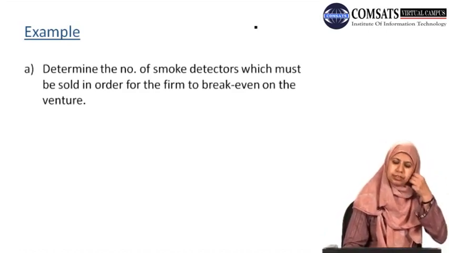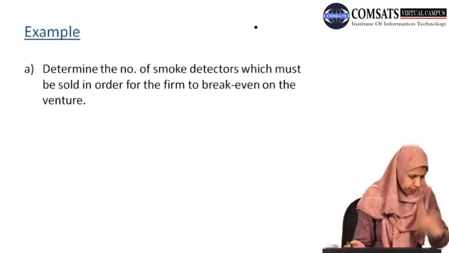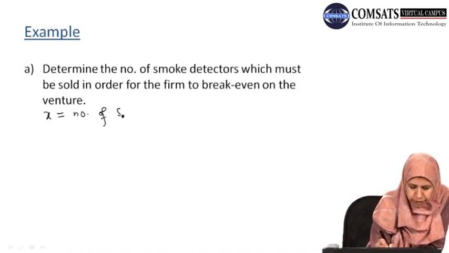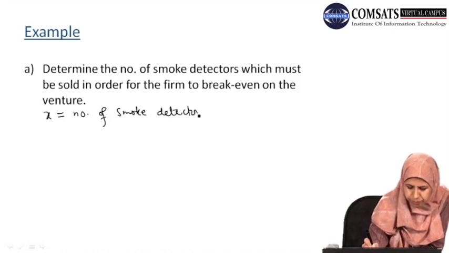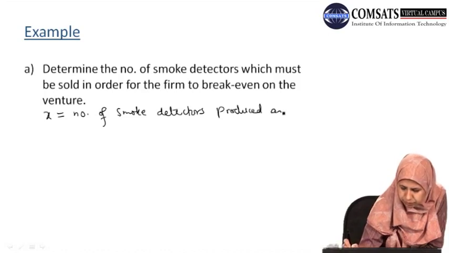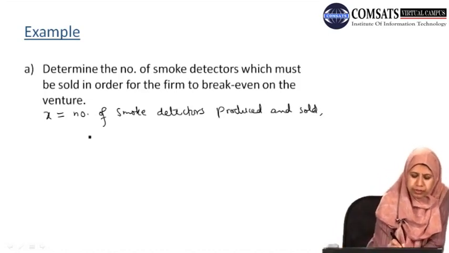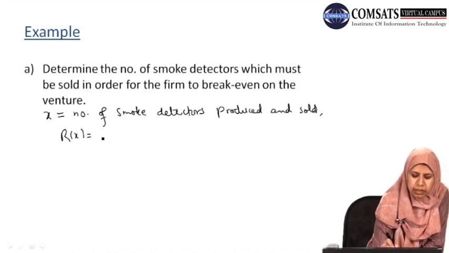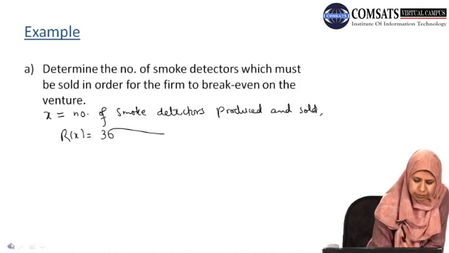For this, first we will find our revenue function. Now, if x is equal to the number of smoke detectors produced and sold, then our total revenue function R of x will be equal to price, which is $30, into quantity.